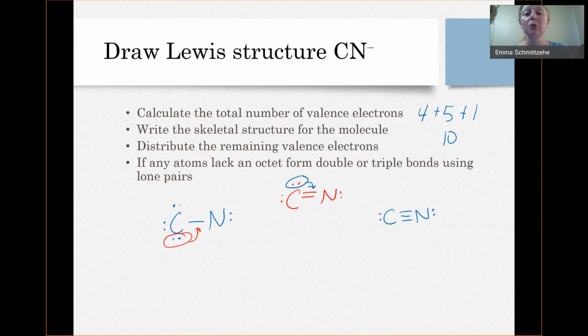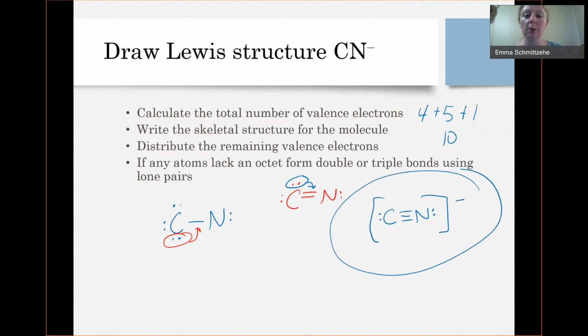The carbon and the nitrogen both have access to an octet because they both have a triple bond and they both have a lone pair. Okay, so that totals up to 8 electrons for each. And then the last thing I need to do is indicate the overall negative charge. So I put it in brackets and give it a charge. So that would be my Lewis structure for cyanide ion or CN minus.